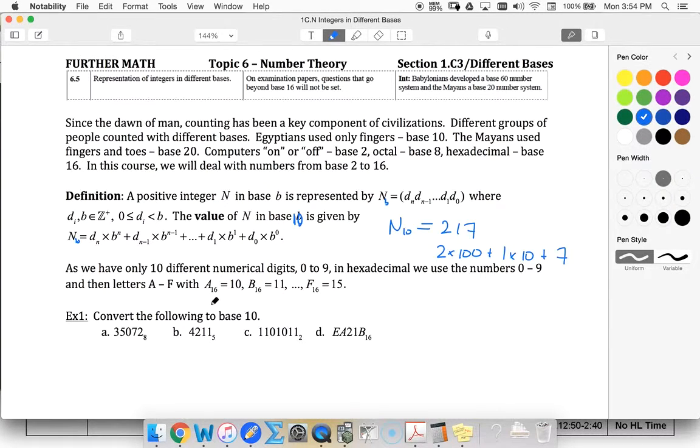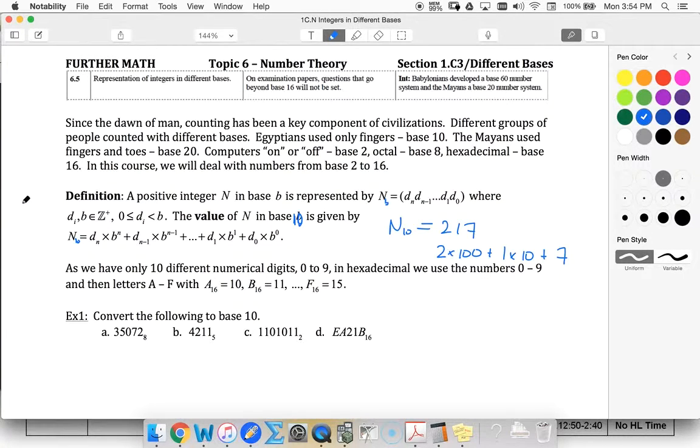So with hexadecimal, to get the next values up to 16, we add the letters A to F. So I've defined here, A in base 16 is the same as 10 in base 10, B base 16 is the same as 11 base 10, and so on and so forth. In this course, we only go up to hexadecimal, we only go up to base 16.